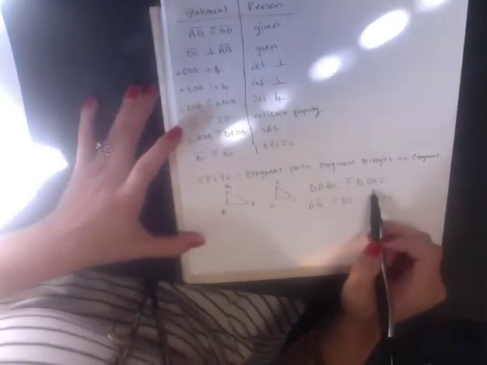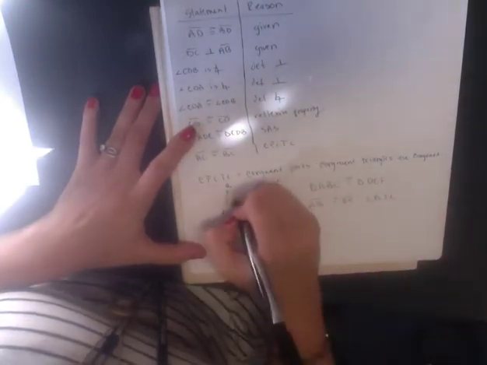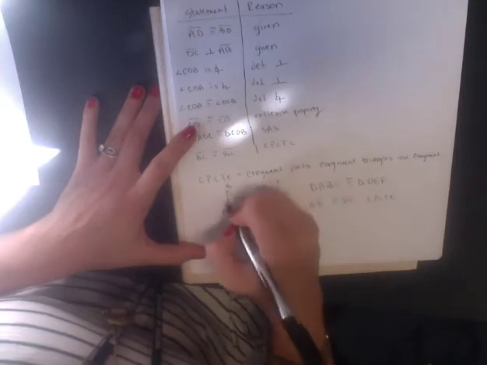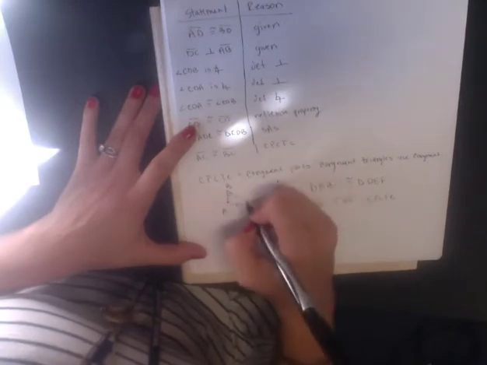I said these two triangles were congruent, so that means that their sides are congruent. Their angles are congruent, right? If two triangles are the same, that means that all of their parts are the same.